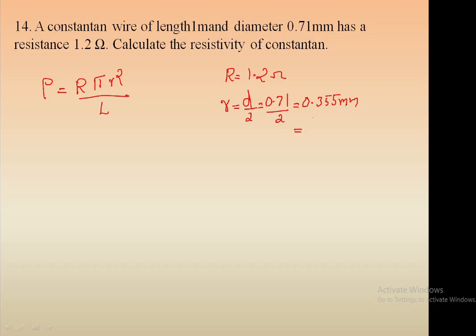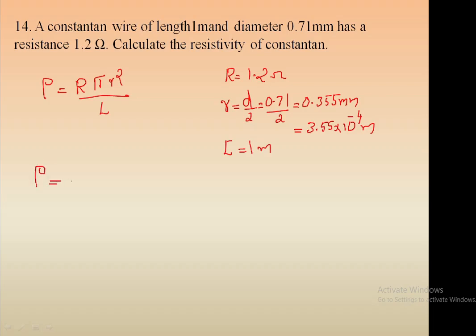That we can express as 3.55 into 10 raised to negative 4 meter. And the length of the constantan wire L is equal to 1 meter. So let us substitute in the equation.